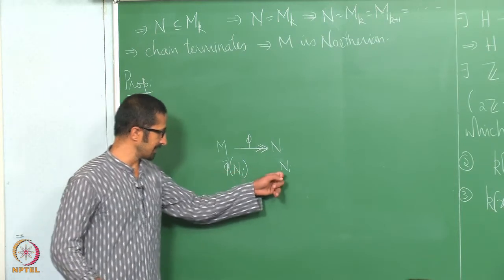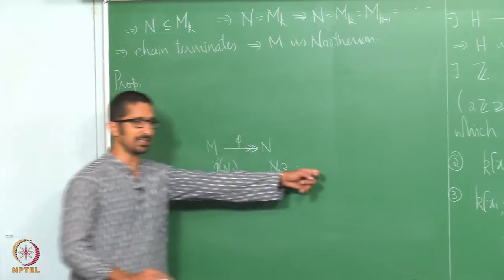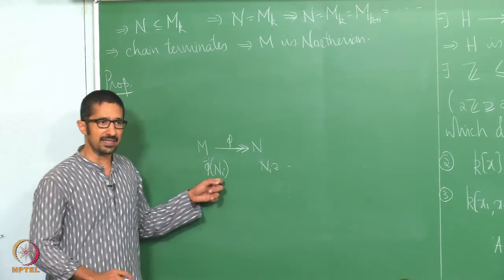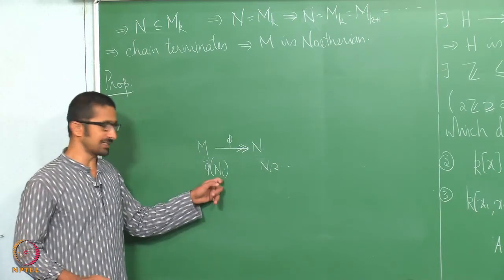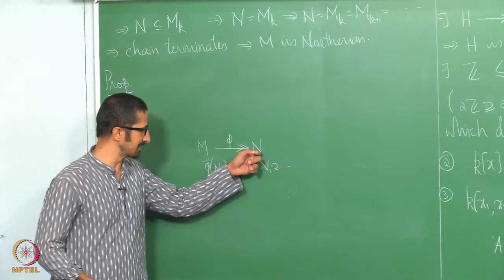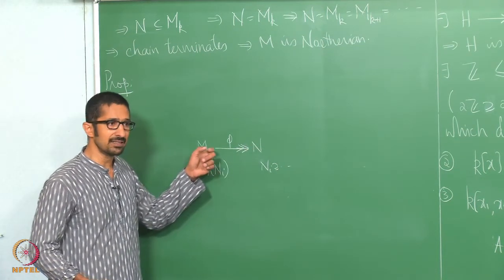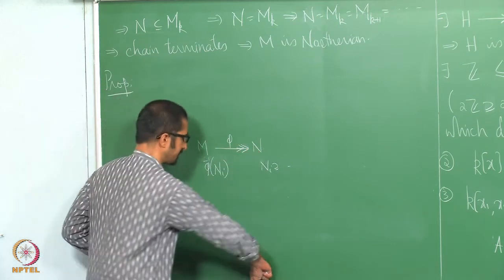If I have a chain like this here, that will give me a chain like that here, and this never terminating will imply this is also never terminating. In other words, if this is Artinian, this has to be Artinian. Okay.